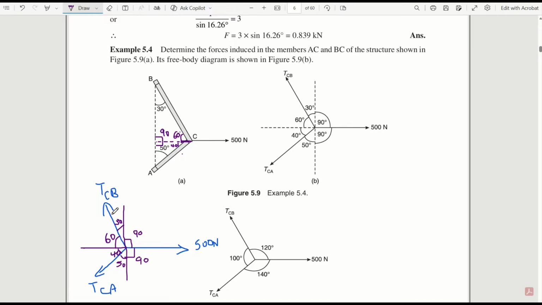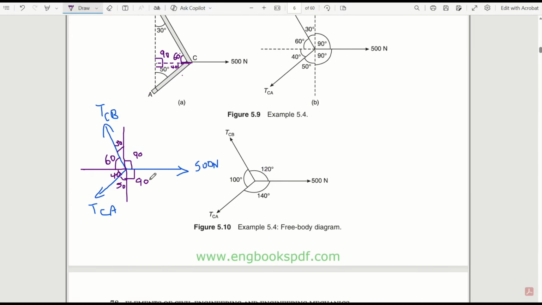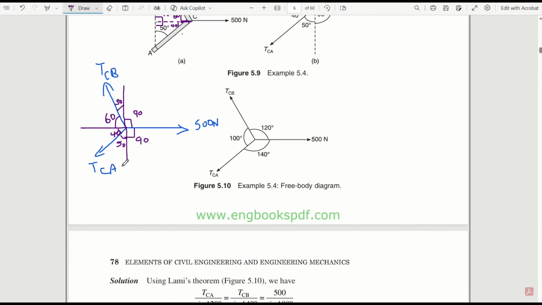You know that we have to apply Lami's theorem when three forces are concurrent and in equilibrium. These two forces are in equilibrium, isn't it? These two forces are balanced by this 500 Newton. So now our job is to apply Lami's theorem.